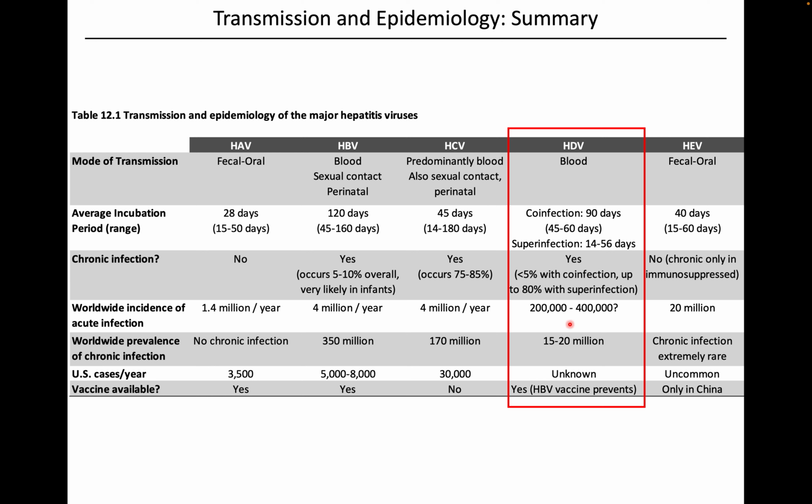And in hundreds of thousands of people with acute infections and tens of millions with chronic infections worldwide. And this one is, luckily in the United States, relatively unknown, so it's not really an issue in the US. And the hepatitis B vaccine that we already talked about will also protect against hepatitis D, so that's a bonus.